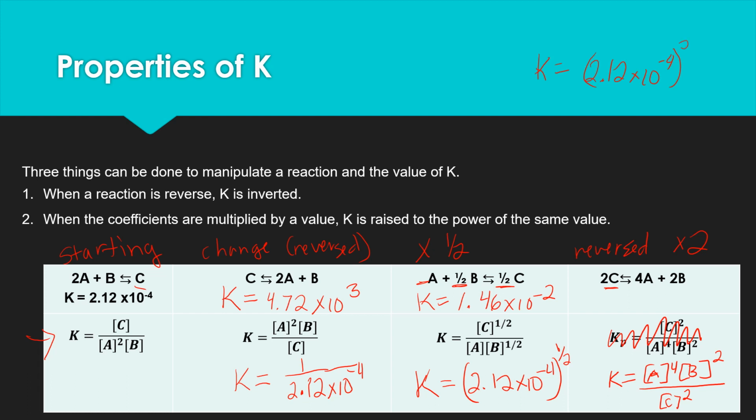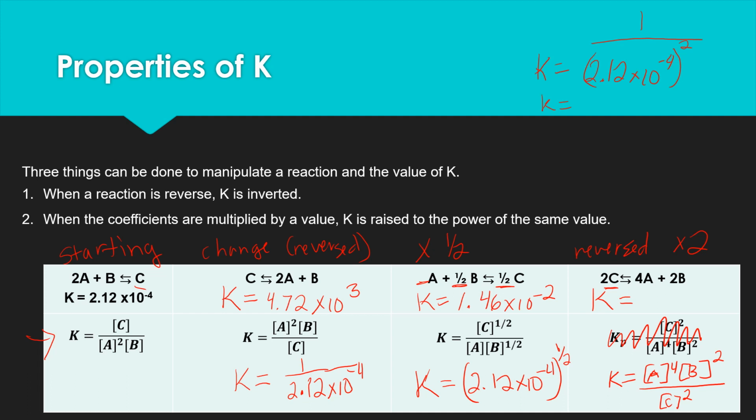So I'm going to raise that to the 2nd power. And it has been reversed. So I'm going to put all of that under 1 and recalculate my K value. And that's what I'm going to put down here. So I'm going to put 1 divided by, I'm going to put this in parentheses, 2.12 times 10 to the -4th, my bad.